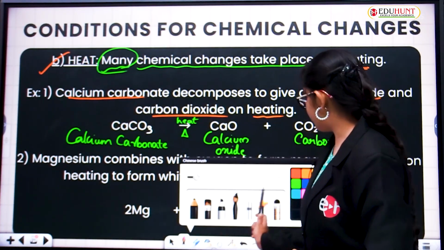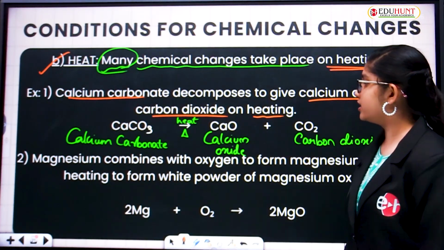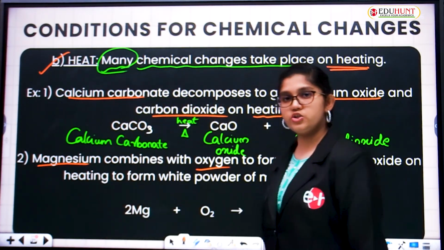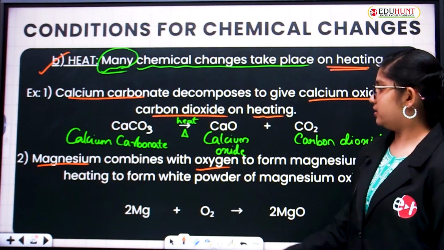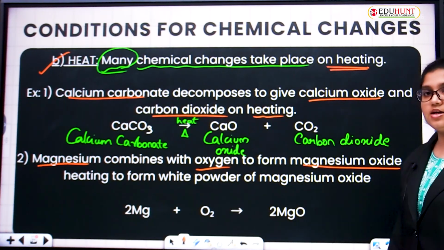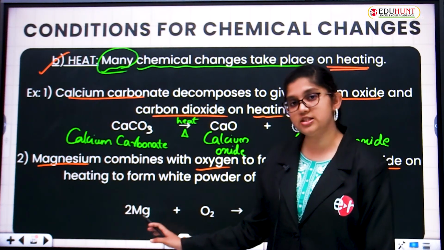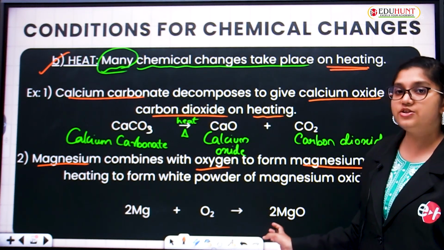Oh, we have one more example, children. Just a second. That is magnesium combines with oxygen. You know the magnesium element, Mg. Very good. It combines with oxygen to form magnesium oxide. Two such magnesium atoms combine with oxygen to give rise to magnesium oxide.